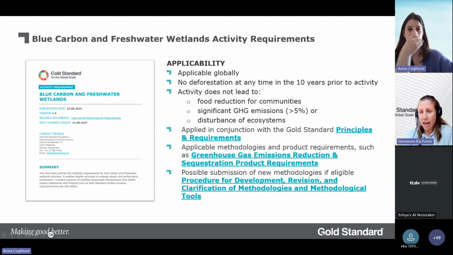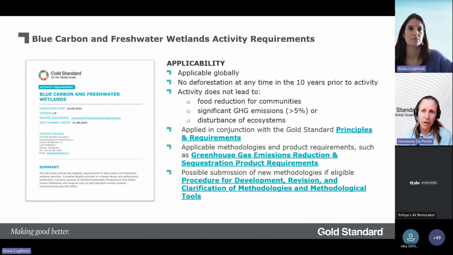So moving to the applicability, these requirements are actually universal with no geographical limitations, as stated here on the slide. However, they align with the specific methodologies that define the operational boundaries. Projects, of course, must ensure that no significant environmental or community harm is done through the implementation of the project, such as avoiding disturbance to ecosystems or reducing food security.